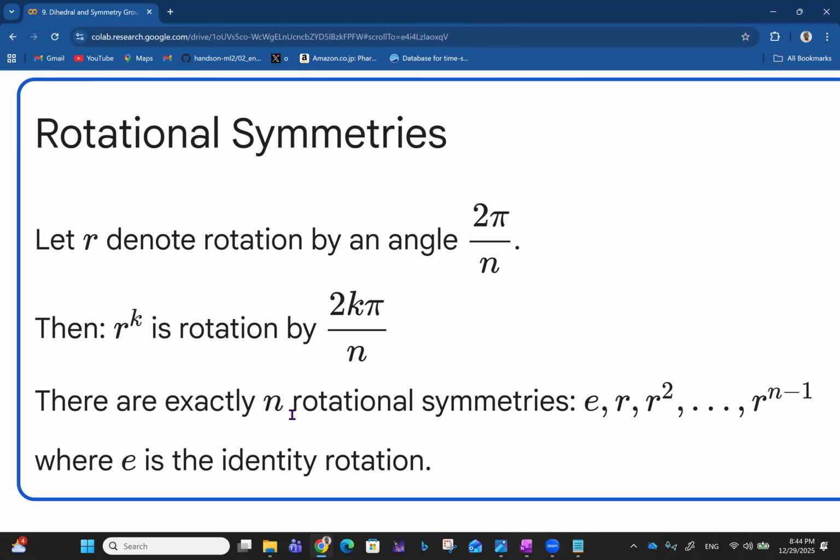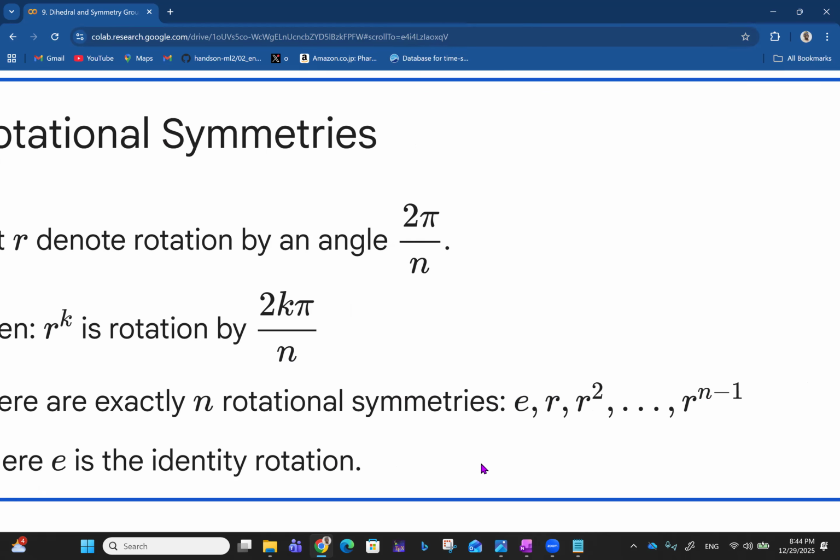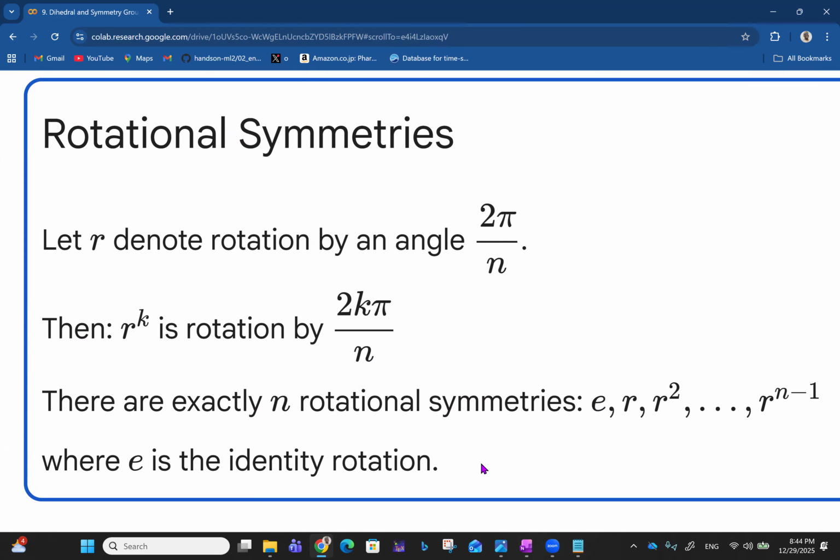So there are exactly n rotational symmetries. For every polygon, there are exactly n rotational symmetries. You have the identity, which is the original state. Then you have R, that is R raised to the power 1 rotation. Then you have R raised to the power 2 rotation, and that goes all the way down to R raised to the power n minus 1, where E is the identity rotation, that's the original position, like I said already.